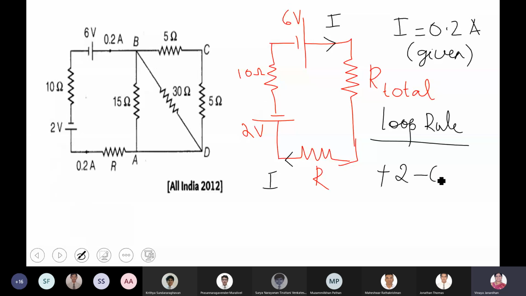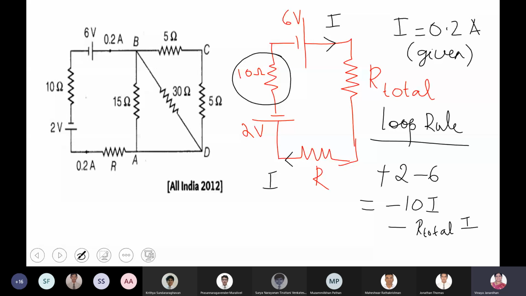Clockwise, so minus 6. Then what is the voltage across the 10 ohm resistance? I is clockwise, so minus 10 I. Then the current flowing through R total is also I, clockwise, so minus R total into I.